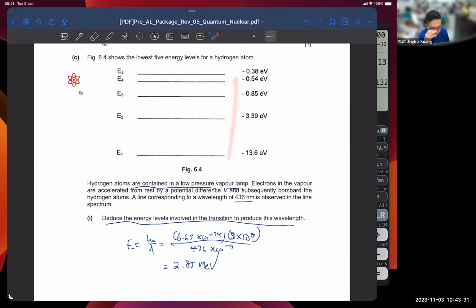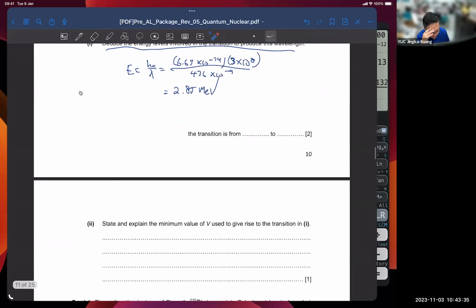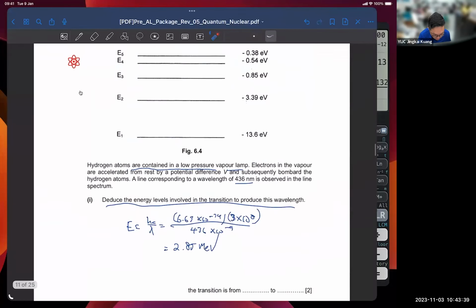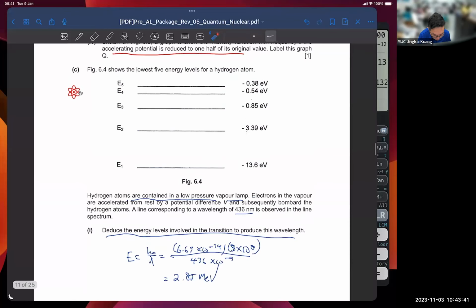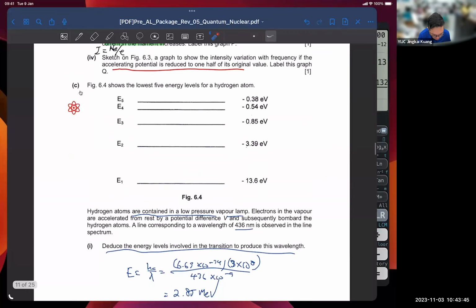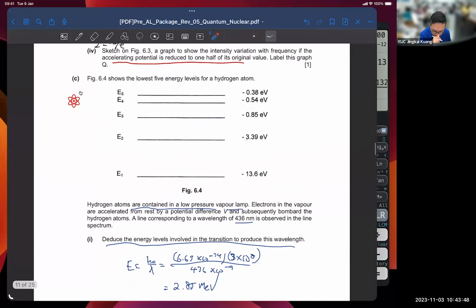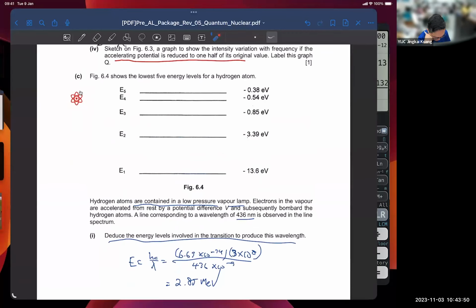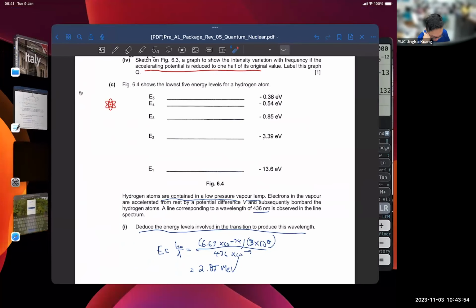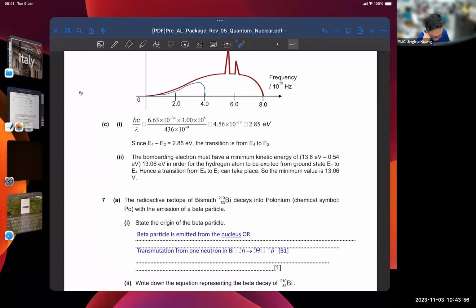Okay, but minimum energy, it could already be possible for it to be here. Lowest energy, yeah, all state. Not very sure. 13.6. Yeah, so start from the ground state over here.